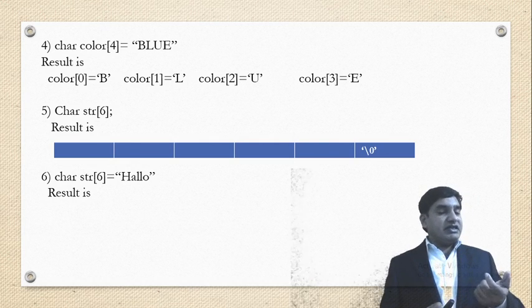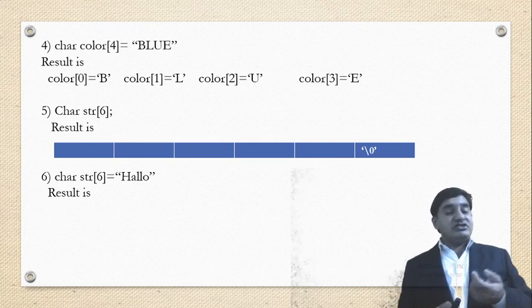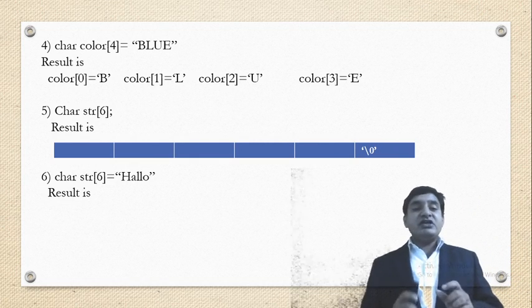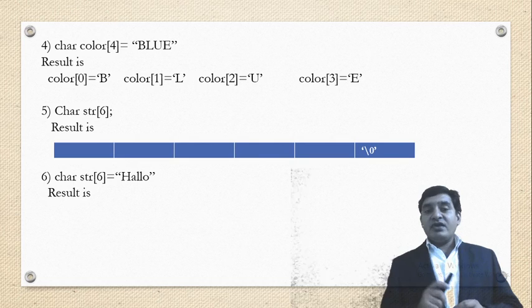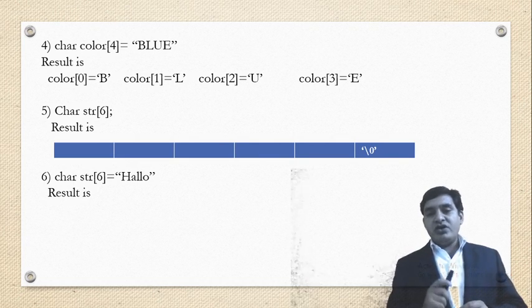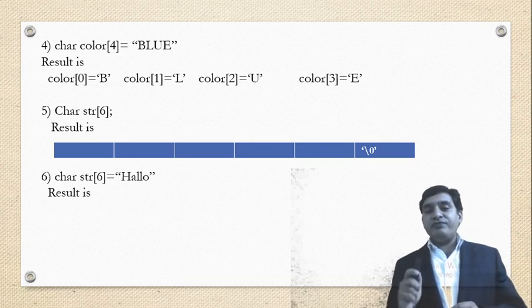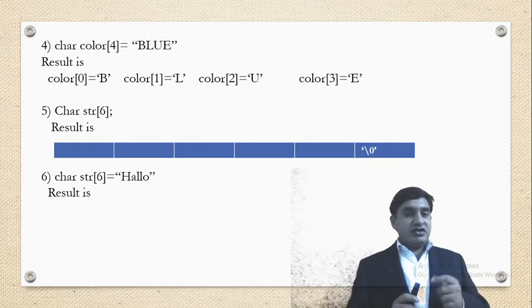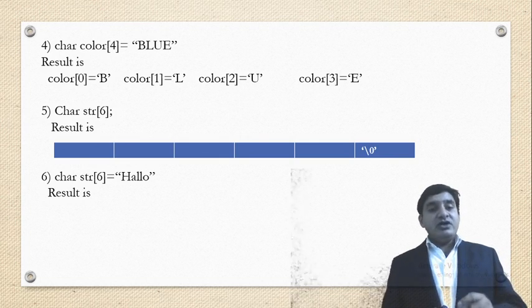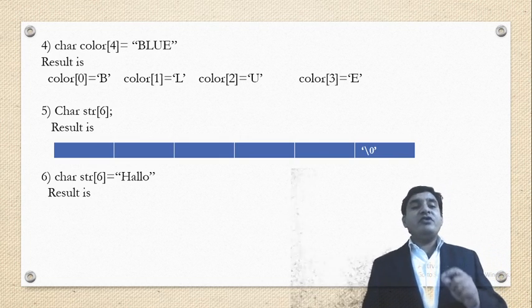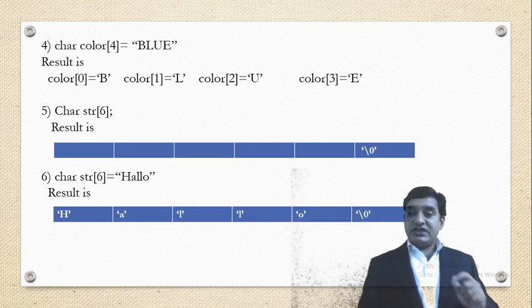Next example, char string[6] = "HELLO". Char is the data type, string is the name of the variable, and 6 is the size of the array. Hello: 1, 2, 3, 4, 5. Here the characters are 5, but the size of the array is 6.